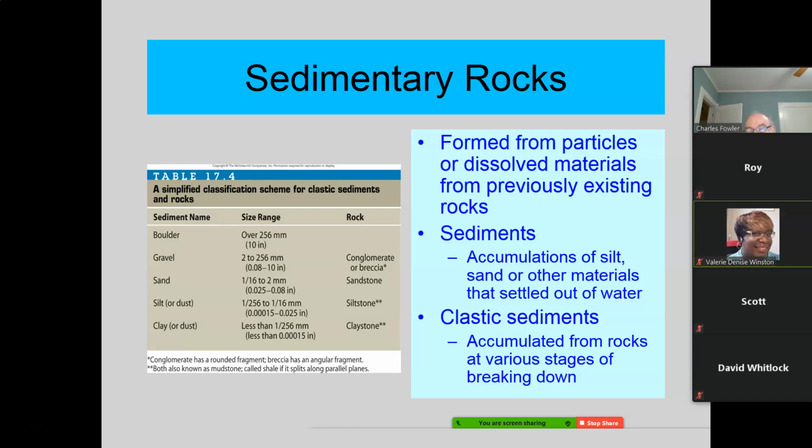Anything larger than that is called gravel, and that's up to 256 millimeters, which is about 10 inches. That would be what we call gravel. Anything larger than 10 inches would be called a boulder. Now, it's a pretty small boulder in my mind, but that's how they classify it. All right. Now, on to the next slide.